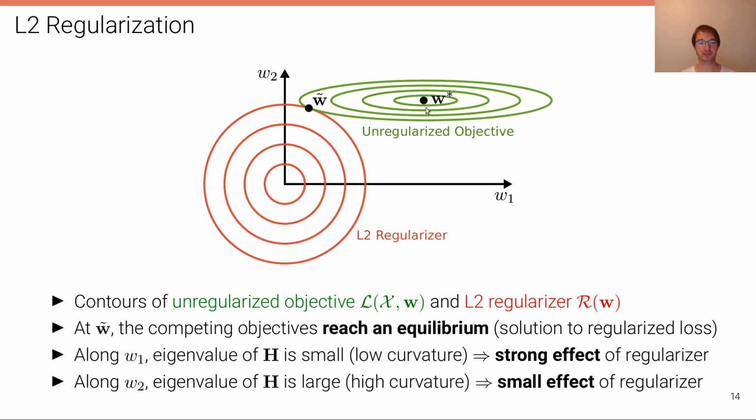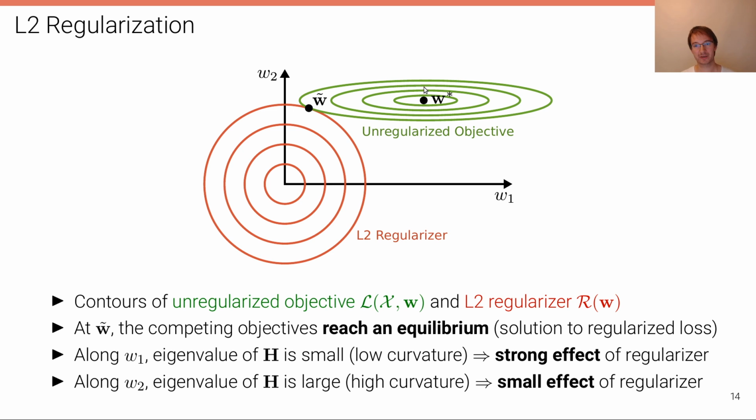And what we can see is that along the W1 direction here, the eigenvalue of H is small because we have a low curvature in this direction. So this function slopes more slowly in this direction, which means that the eigenvalues of H in this direction are small. And therefore, in this direction, the regularizer has a very strong effect. It pulls this optimal value of the unregularized objective far away, closer to 0 in this direction.